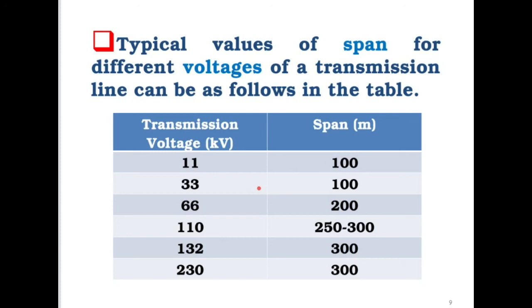For example, if I put one structure at a particular location, then the adjacent one will be put after 100 meter or 150 meter, and the next one can be 200, depending on something, because there is a bridge or there is a high-rise building. So they rule the span according to some factor. These days they also use some tables, but not exactly the one that you see on the screen.